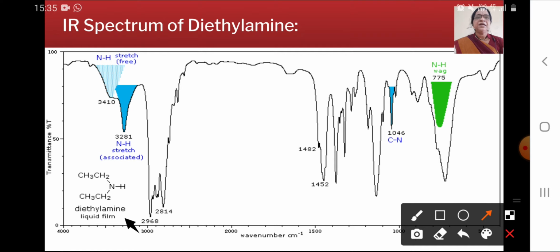In a secondary amine, it gives only one stretch, that is one band, at 3281 only, which indicates the presence of a secondary amine.